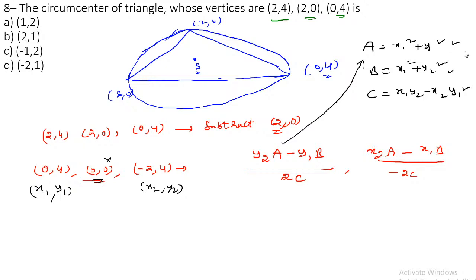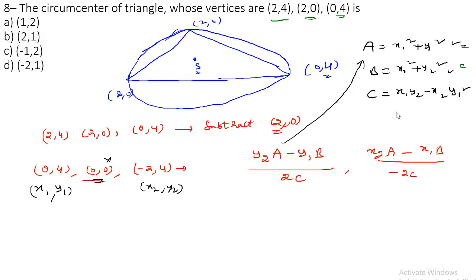So now let's find x1 square plus y1 square. So x1 square 0 plus y1 square is minus 2 whole square, which is 4. Similarly, b: x2 square is 0 square plus 4 square, which is 16, and so b is minus 2 whole square, 4 plus 16, which is 20.